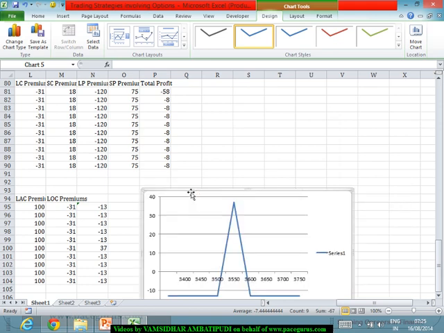So this is a kind of strategy which we call a butterfly spread strategy. Generally, I do the shorting of ATM calls. The long will typically go with ITM as well as OTM: one ITM long, one OTM long, but two ATMs would be typically shorted.